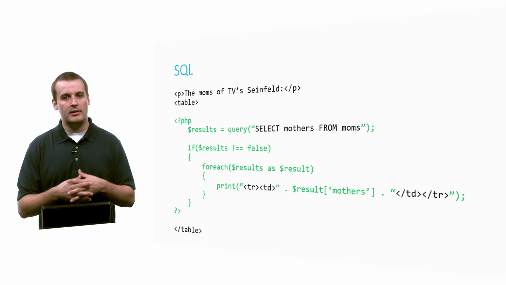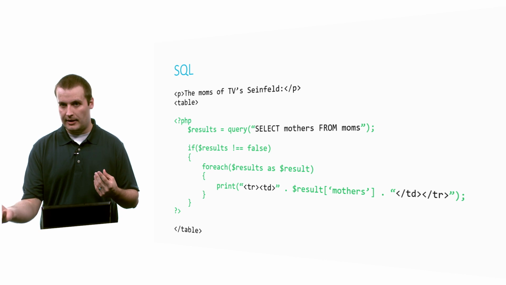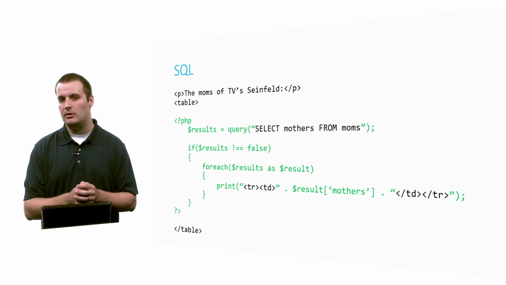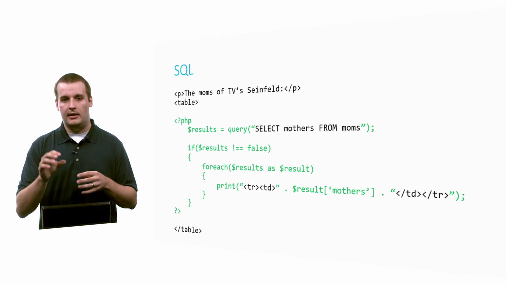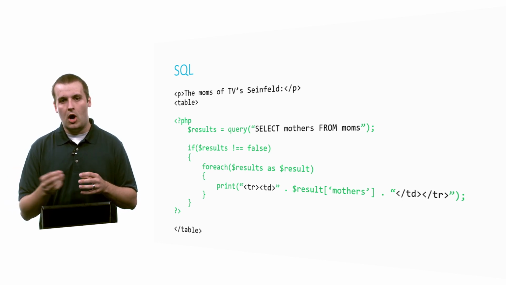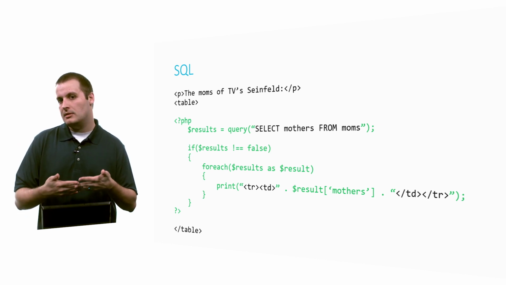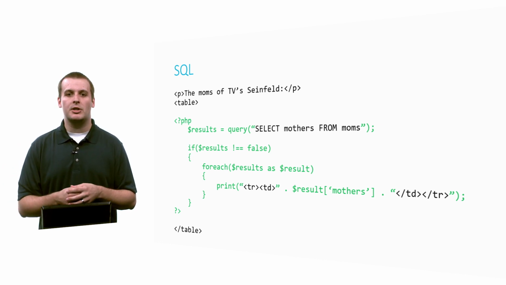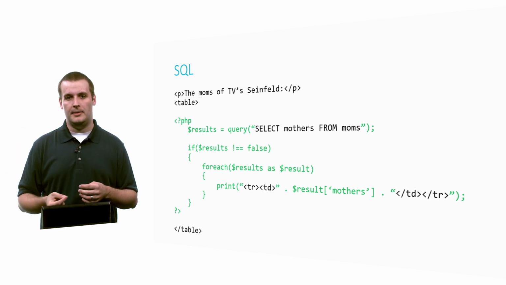But it really does just boil down in SQL to making a query, usually selecting after we've already put information into the table, and then just pulling it out. And this is how we would pull it out. In this particular case, we would extract all of the individual mothers from the moms table. We got a whole set of them, and we want to iterate through and print out each one.